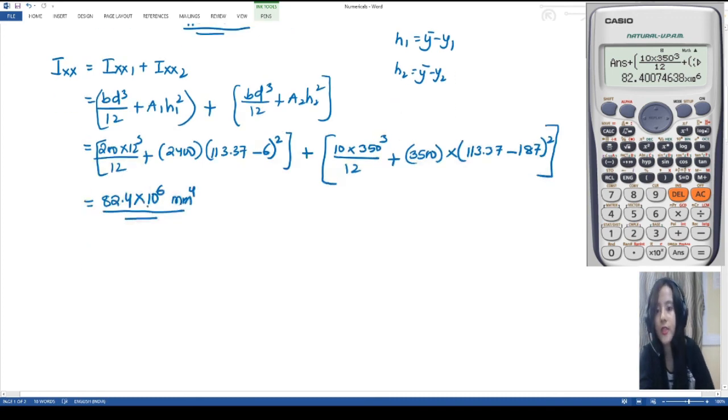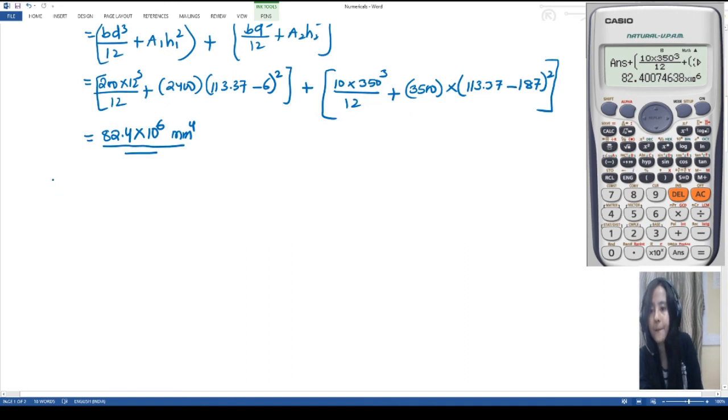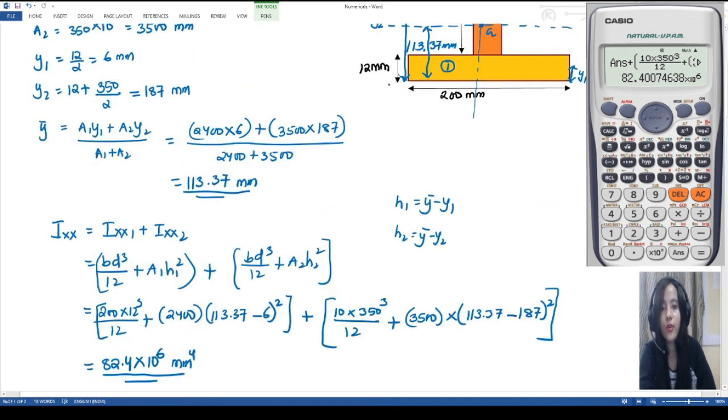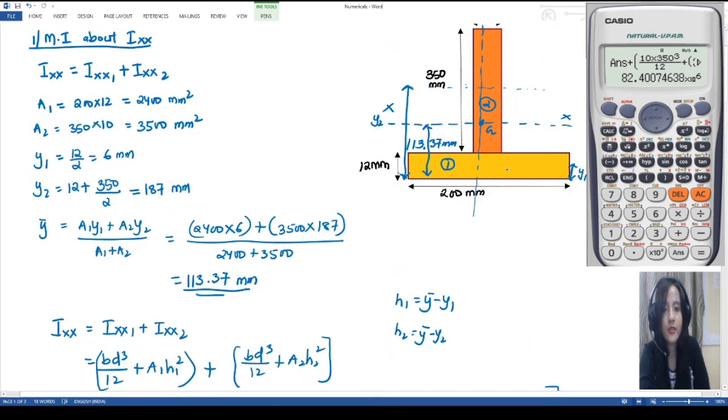Now let us find Iyy. Iyy will be equal to Iyy1 plus Iyy2. Here we simply need to do dB cubed by 12 for the first section plus dB cubed by 12 for the second section. This section is my first section, so its D is 12 and B is 200.